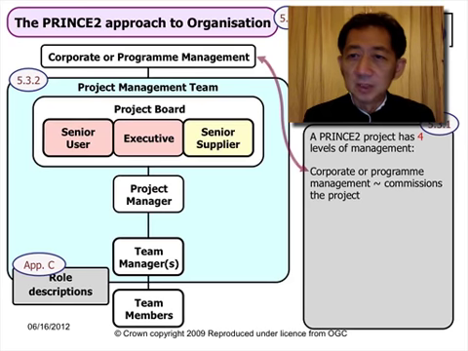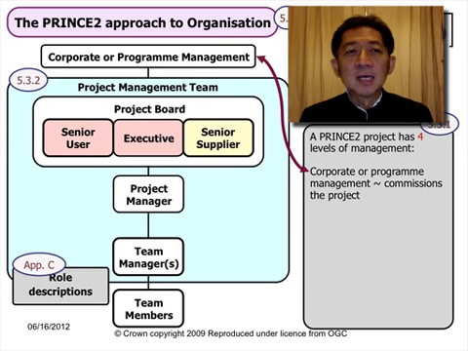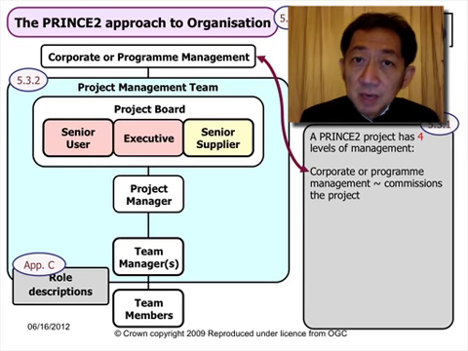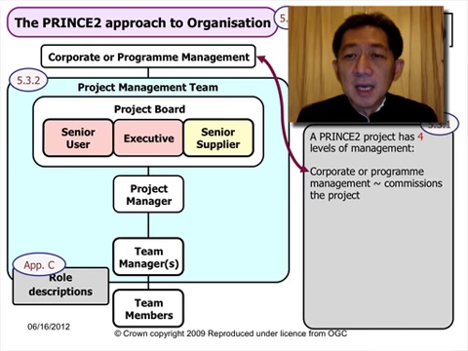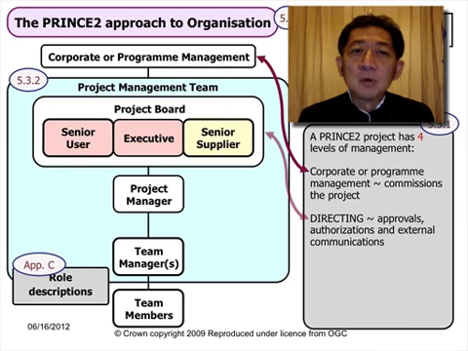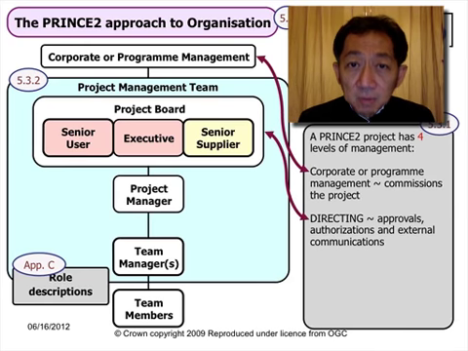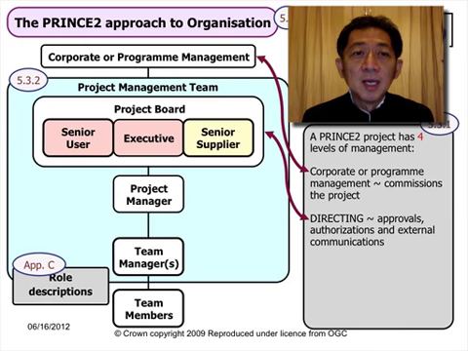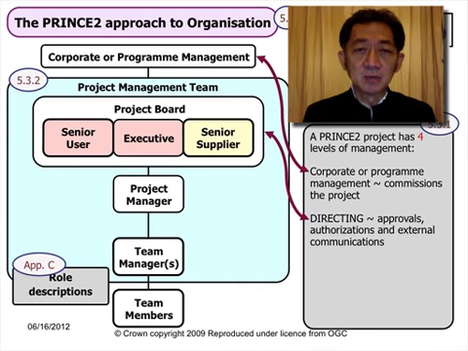So the four levels of management, starting off with corporate or program management at the top, and the project management theme proper under PRINCE2 would be the project board, who directs. Directs means that they don't actually do the day-to-day management.